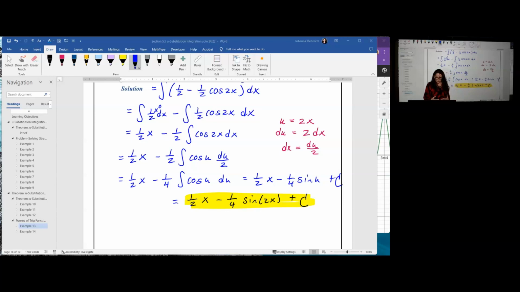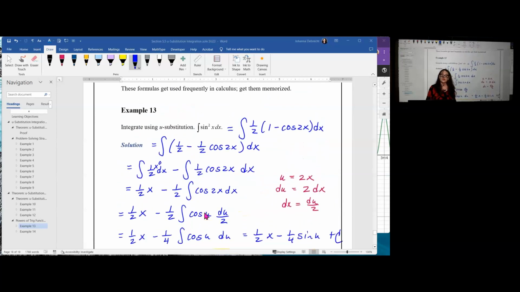Now, you may be wondering why, since we had sine of x being squared, we didn't do a u-substitution with sine x, the inside function, and x squared, the outside function. The reason is pretty straightforward.